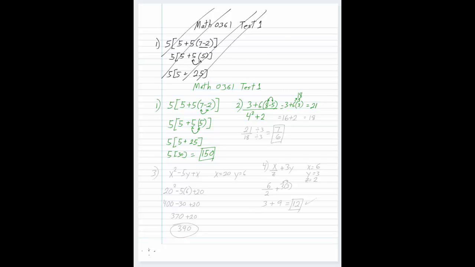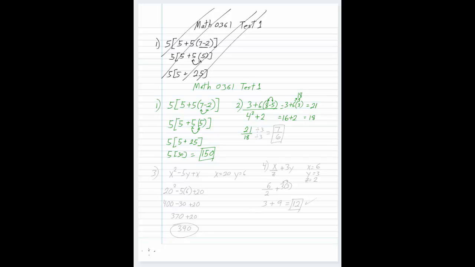That is an exponent. 4 to the second power. Well, 4 to the second power is 16. Then we may add 16 to 2, which gives us 18. So as of right now, we have 21 over 18 as our answer.